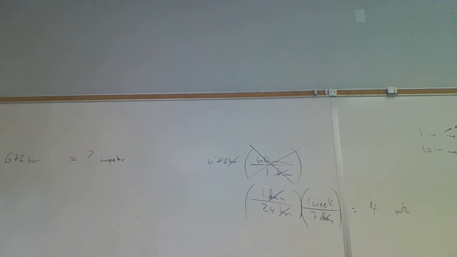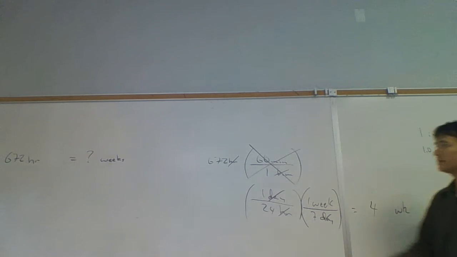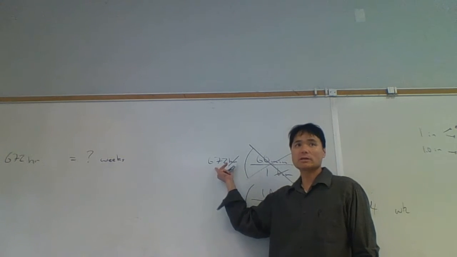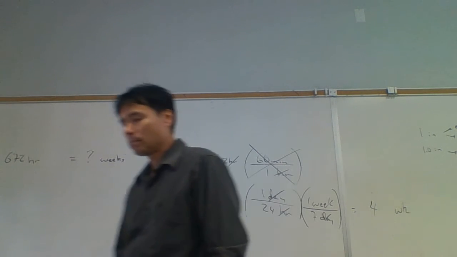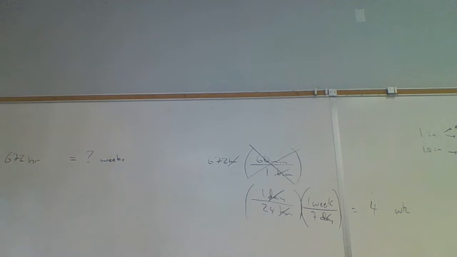Now, this is a tricky thing here, and that is: is 672 exact or approximate? It depends. It's ambiguous. We don't know. Is it exactly 672 or approximately 672?